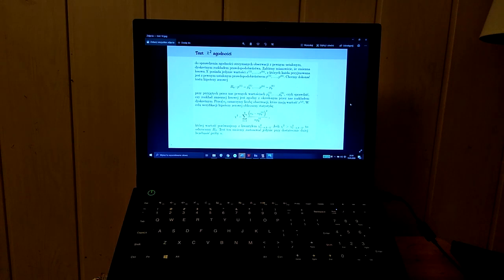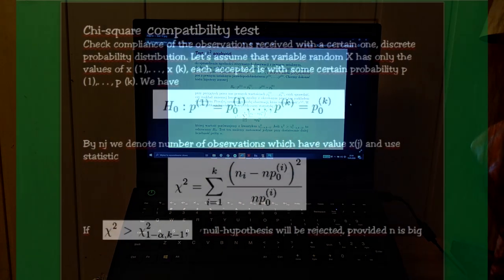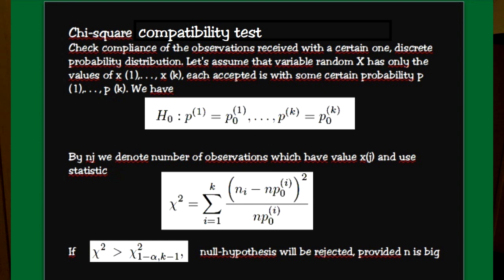the test of uniformity. So supposing we wanted to check that the data that we have obtained in observations are uniform with a certain fixed discrete probability distribution. So assume the probability distribution has only values x1 to xk, and all of them are assumed at the level of probability p1 to pk.